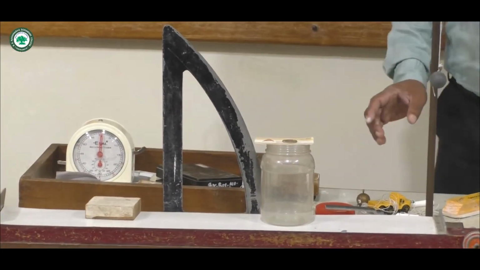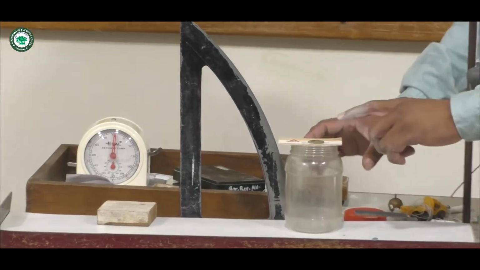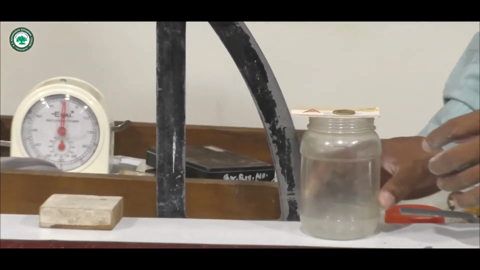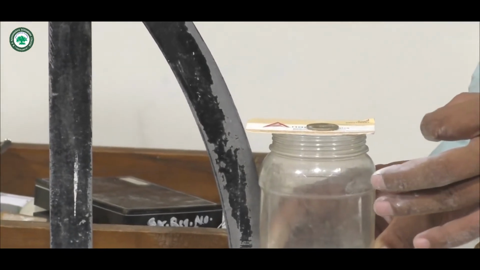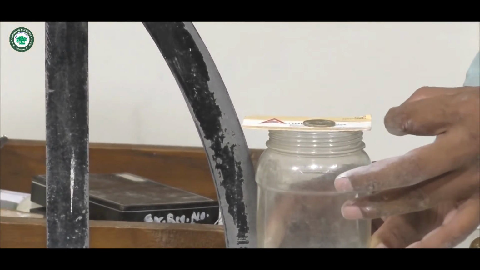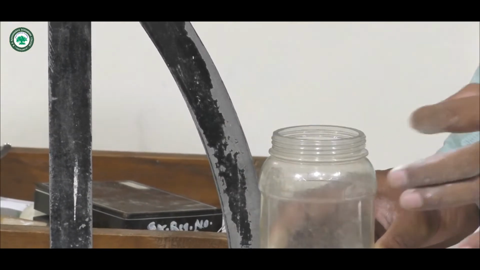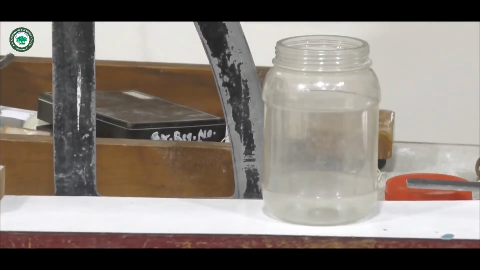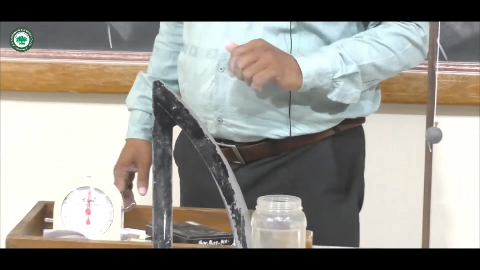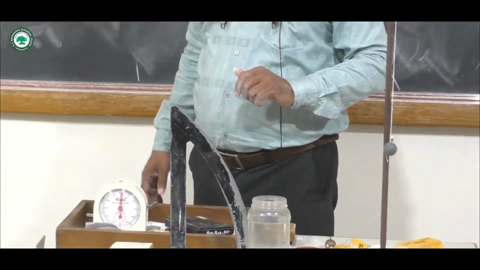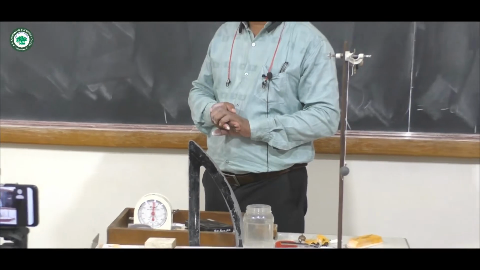Initially, when a coin is placed on the card, we give motion to the card in such a way that the card moves fast, but the coin drops into the jar. Why does this happen?